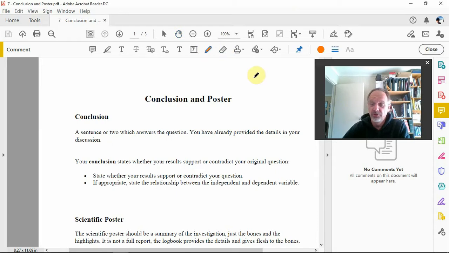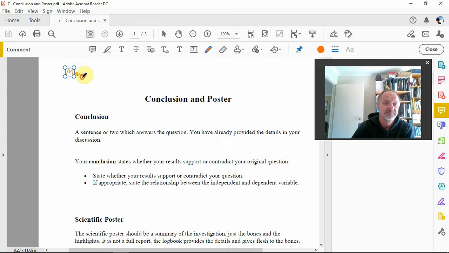If you were trying to see whether the mass had an effect on the time, your conclusion, as it says here, would be one or two sentences which answers that question. So, did the mass affect the time? And so you would just have a sentence or two saying yes or no.